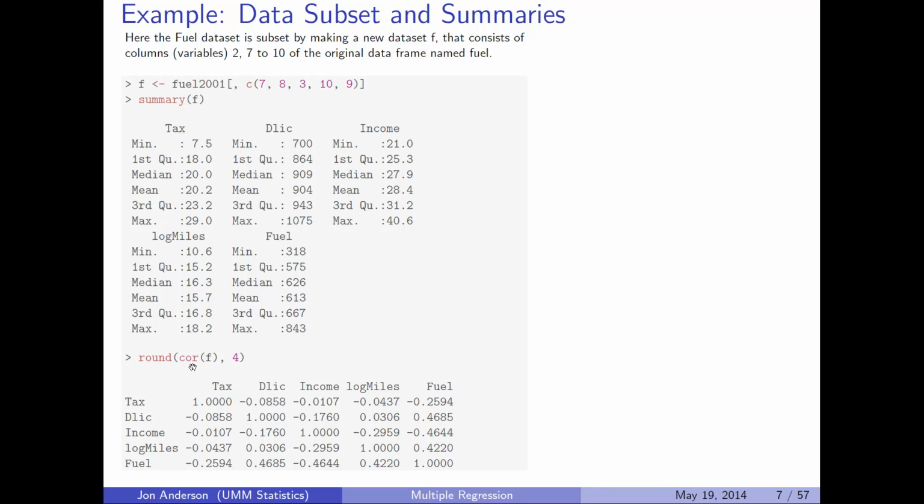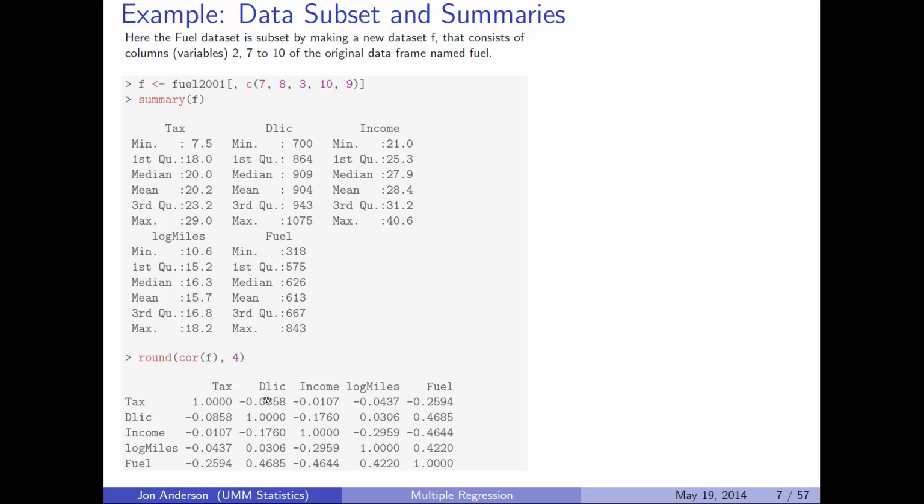COR of the data frame f means that we're going to be calculating the correlations of all the values in this data frame with all others in the data frame, printed out to 4 digits to the right of the decimal place. The way you would read a correlation matrix like this, for example, the first row is the correlation of the tax, cents per gallon tax in a state, correlated with tax, and so that's a perfect correlation of 1.